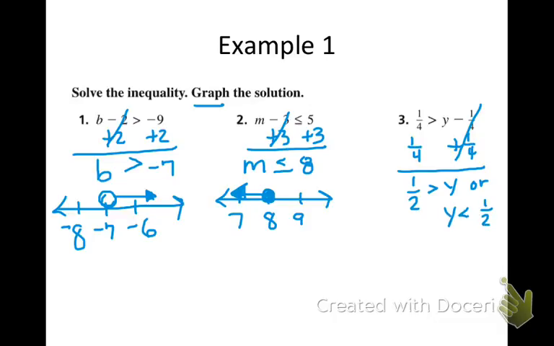That might make it a little bit easier to see which way the arrow will point. And it's going to be an open circle, and it points to the left.